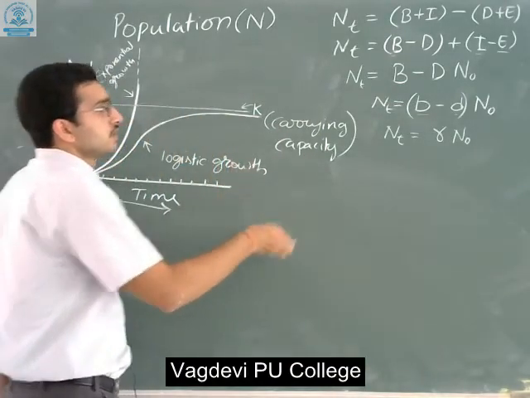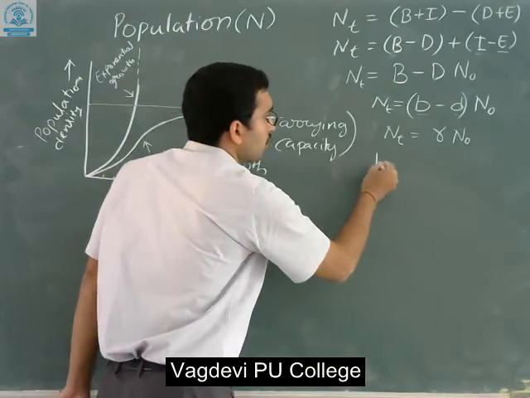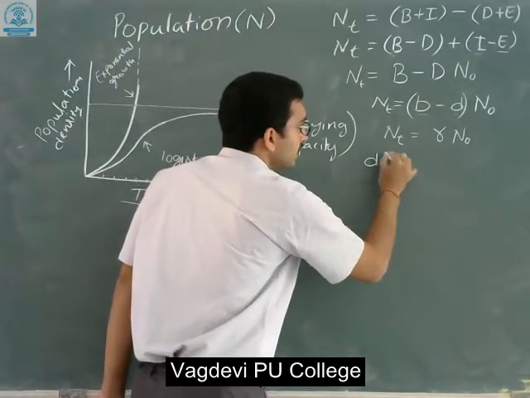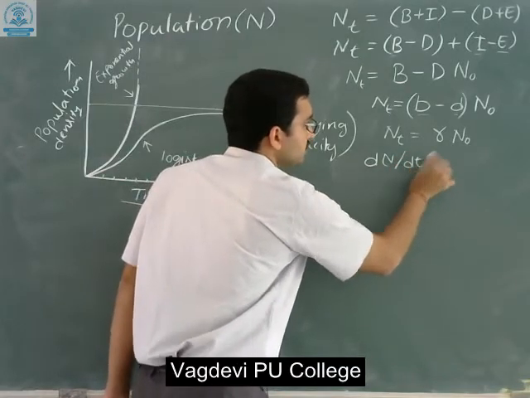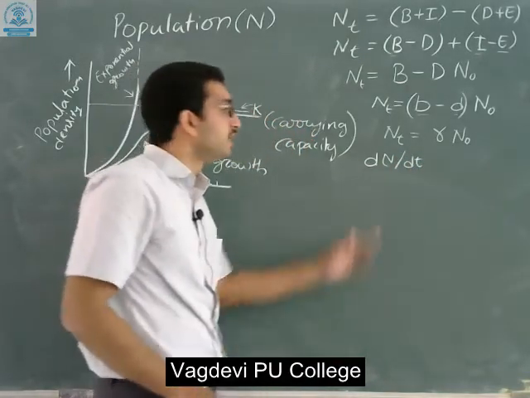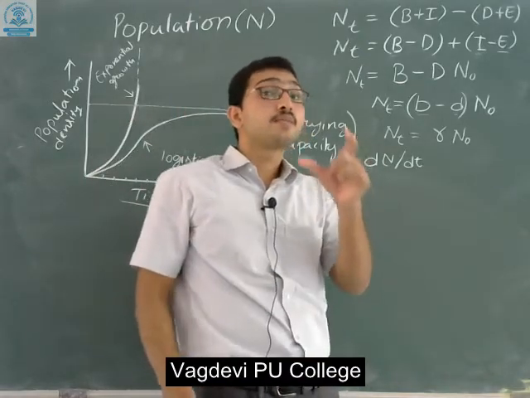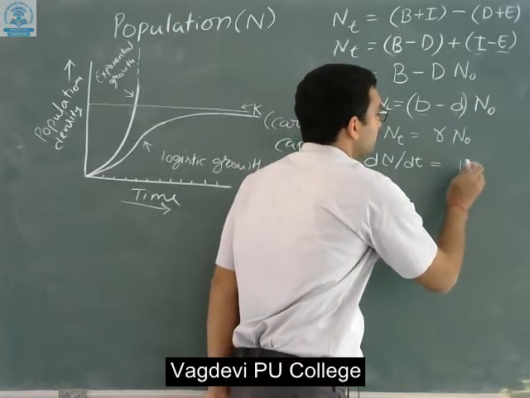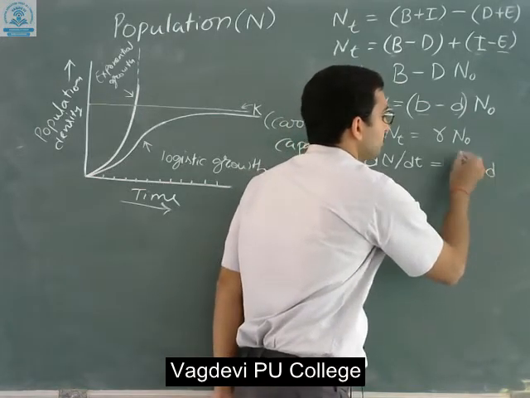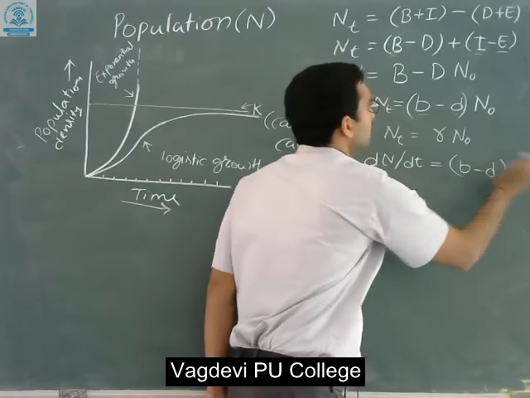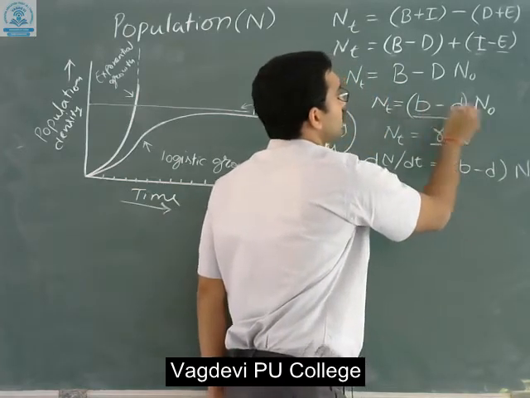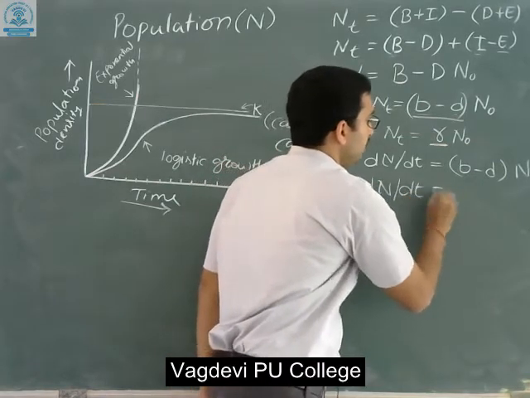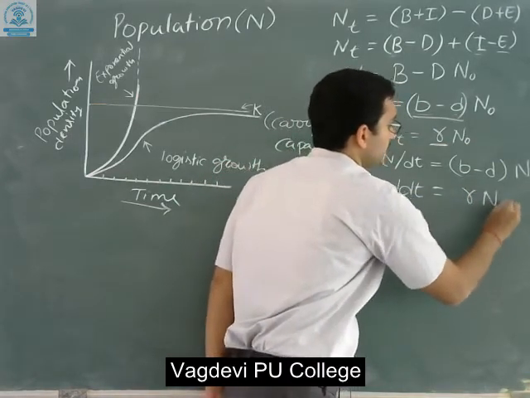If the population is known only at a certain point, the growth is denoted by dN/dt. Ecologists use differential calculus to express the population density. It is represented as birth minus deaths, times N0. Here we substitute birth minus death equal to r, so dN/dt equals rN0.